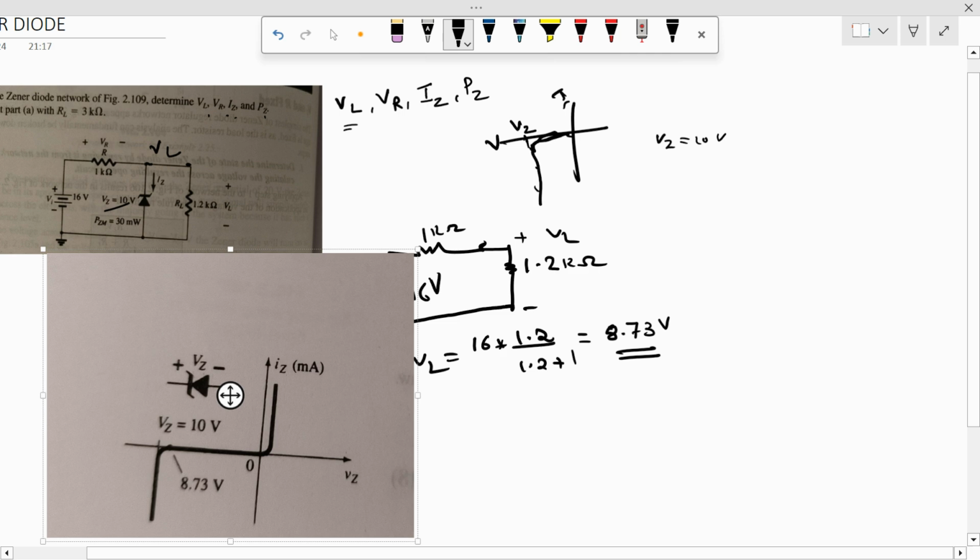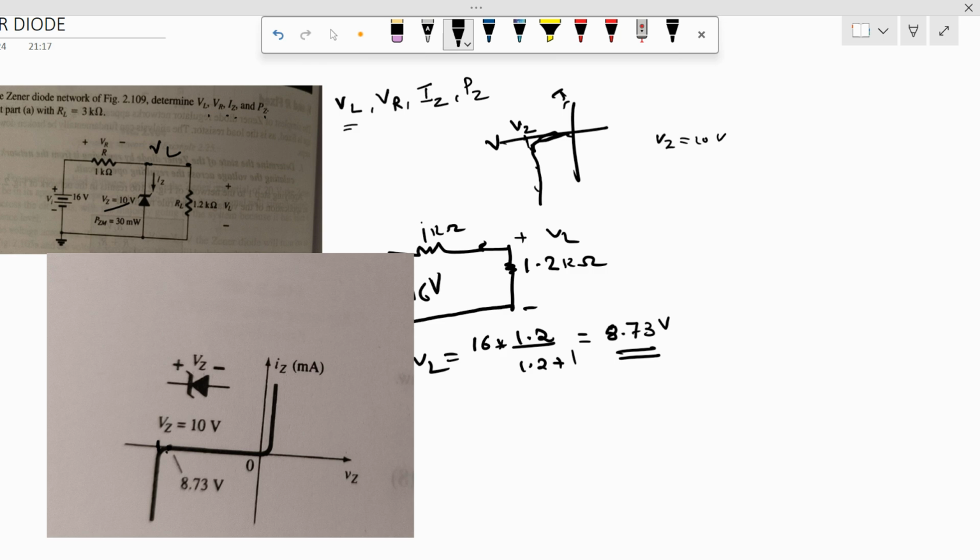In this curve you can see that on the voltage axis, 8.73 is somewhere here, but in order to operate in Zener mode, the reverse breakdown voltage will be at least 10 volt, right? So actually our Zener diode is in off state, so there is no regulation, it's not acting like a shunt regulator.